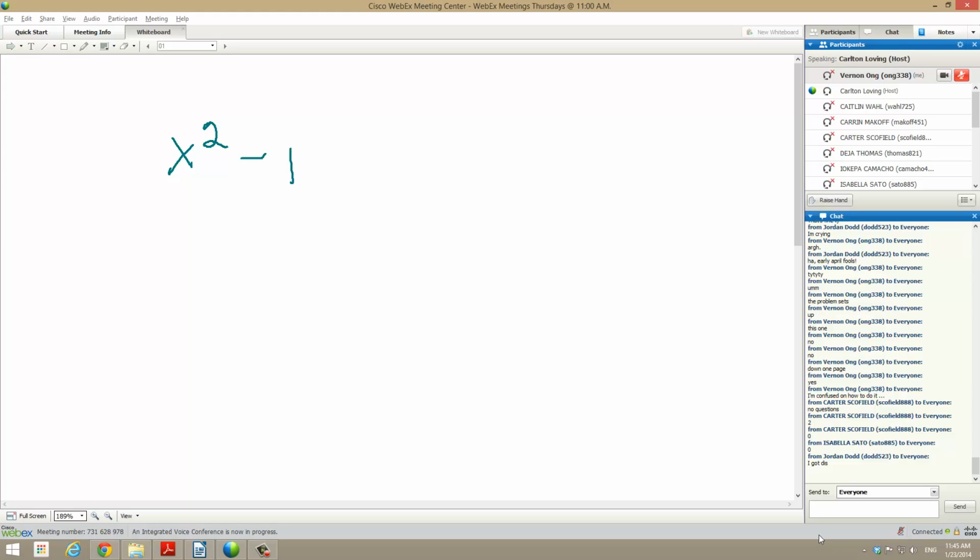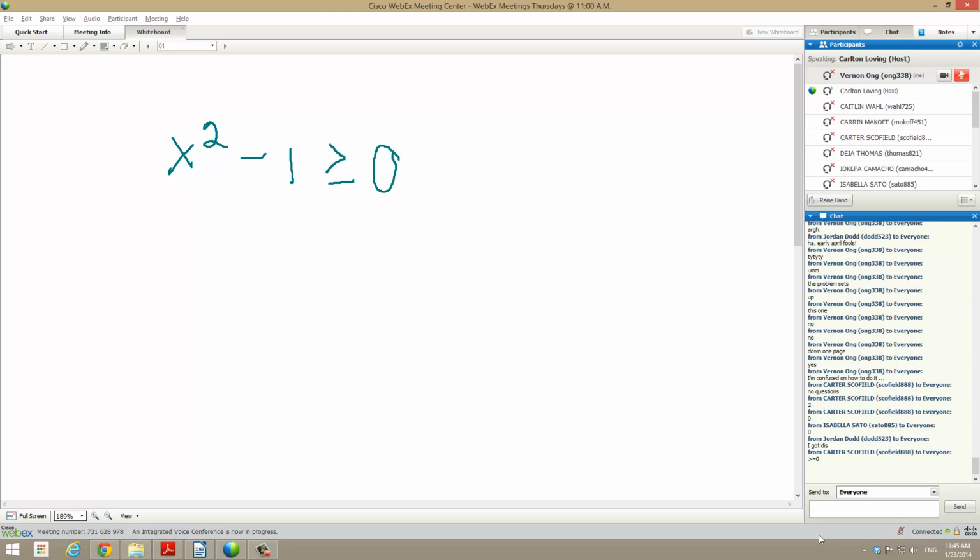Okay, and we want x squared minus 1 to be what? Non-negative, right? x squared minus 1 greater than or equal to 0. So this is an easy one, right? x squared greater than or equal to 1, right?